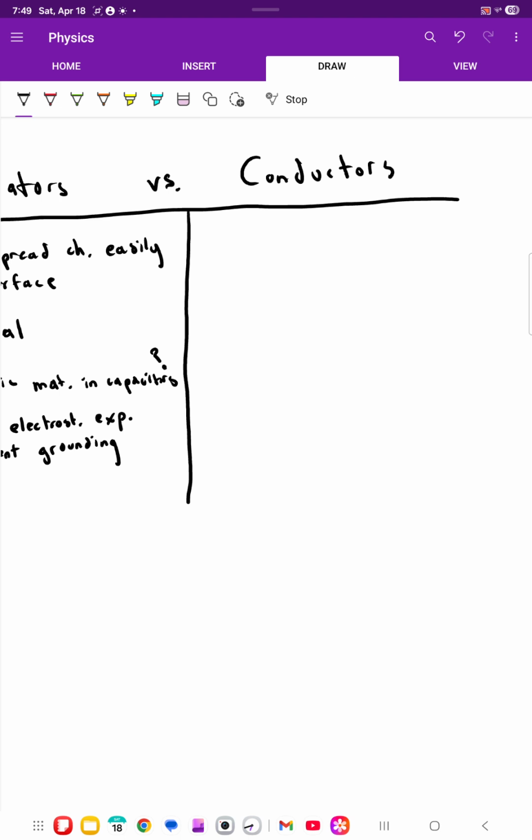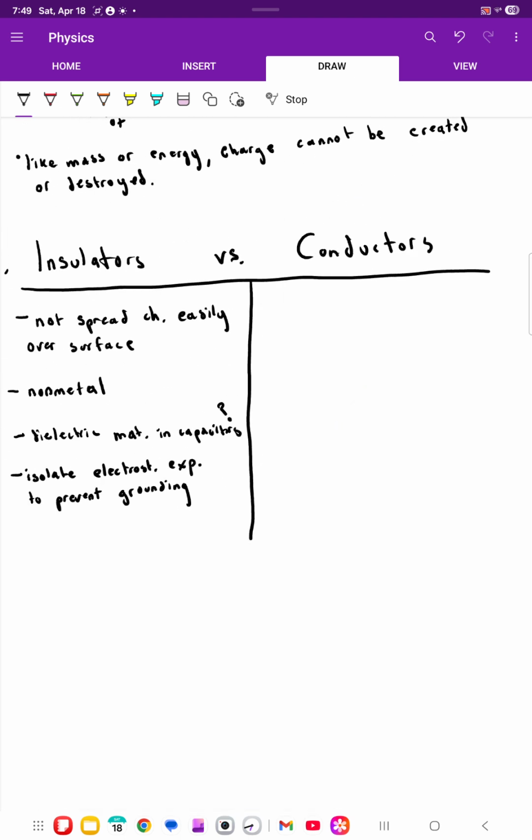Now, in contrast, conductors spread charge on the surface easily. This is an important characteristic.